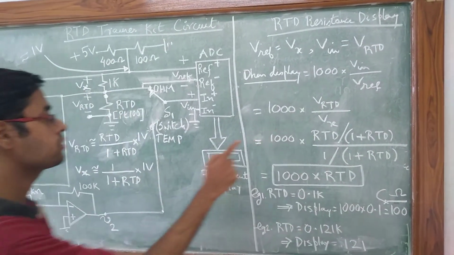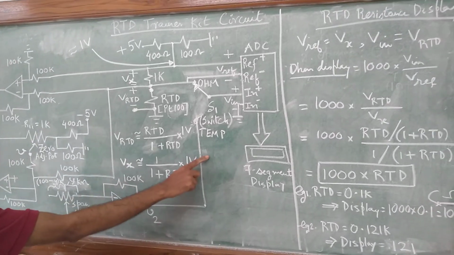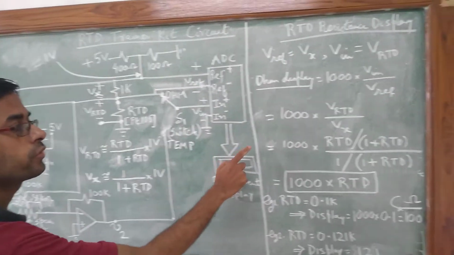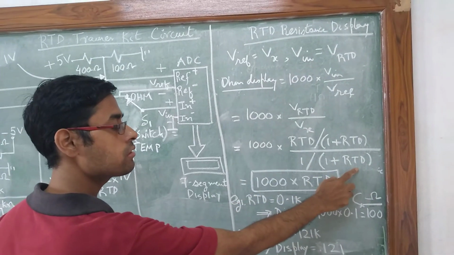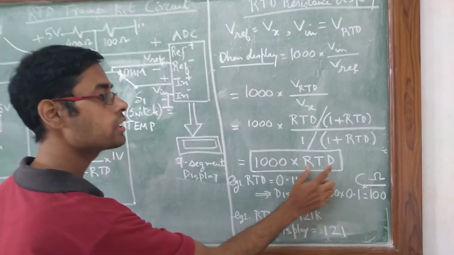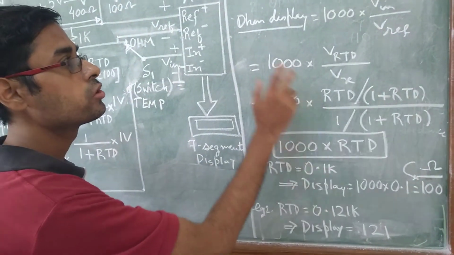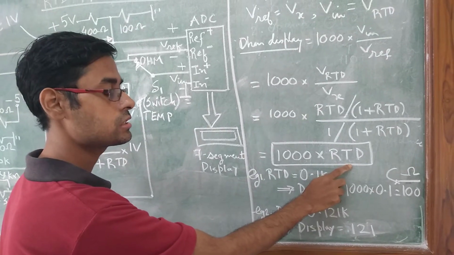Substitute the values based on these equations, and then we come to this third equation. 1 plus RTD cancels out, and you get the ohm display as 1000 multiplied by RTD. So the ohm display is directly proportional to the RTD resistance.